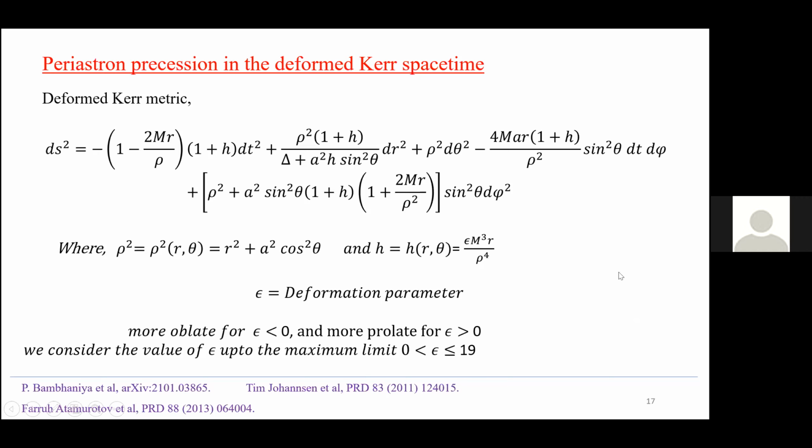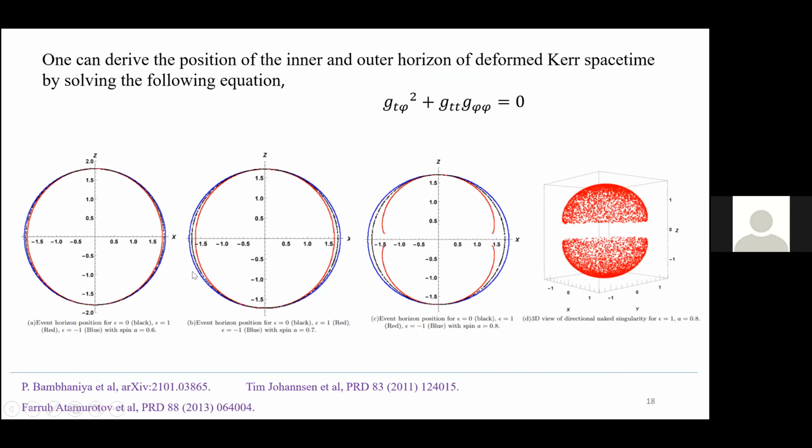So here we consider the value of the deformation parameter up to this range, and one can derive the position of the inner and outer horizon of the deformed curved spacetime by solving this equation. And here in the figures, you can see the shape and position of the event horizon.